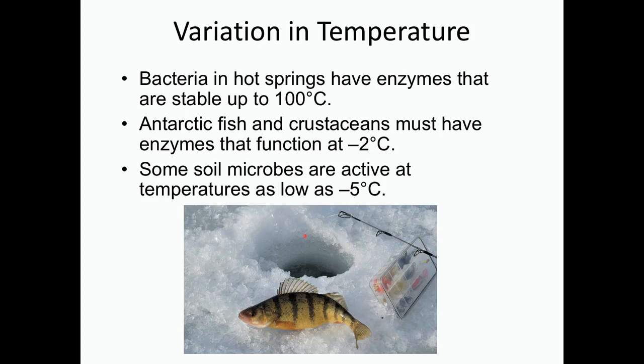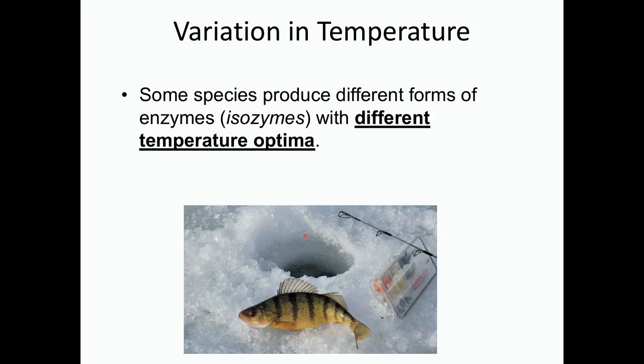Now, most organisms only produce one type of enzyme, and that's the enzyme that works in the environment it tends to be in. But some organisms are able to produce enzymes that have different temperature optimums, and they'll produce these at different times. And these are what are called isozymes.